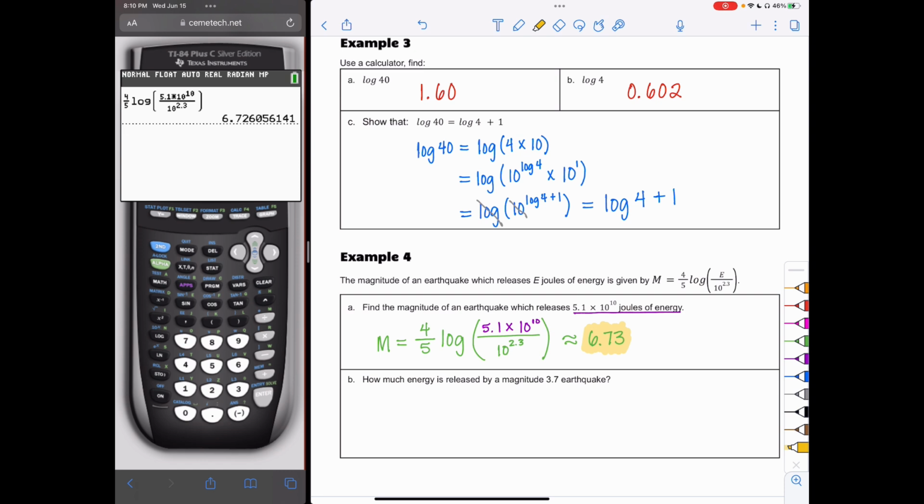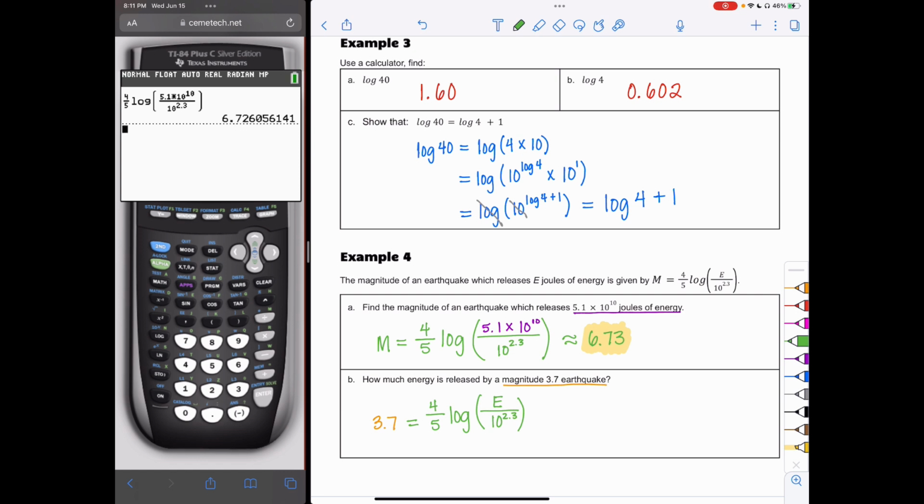So if we have an earthquake that is 3.7 in its magnitude, what we are going to have to do is plug in 3.7 for our M. So we're going to have 3.7 is equal to 4/5 times the log of E, which is my energy, divided by 10 to the power of 2.3.